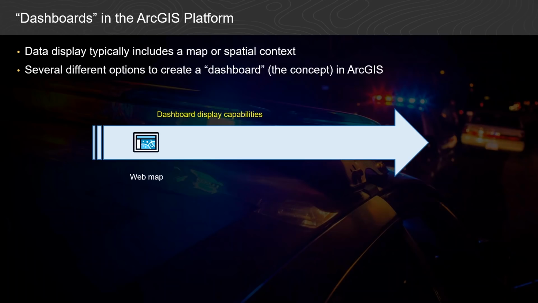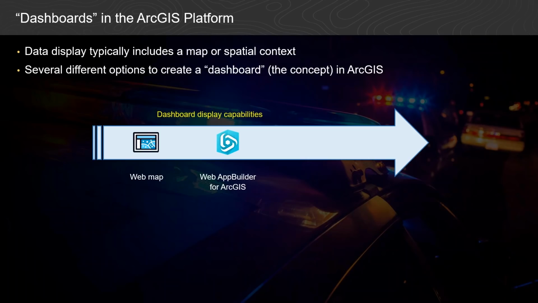So in that context, when you think about how building maps and dashboards at the simplest level, a web map is a way to display data in a spatial context. Web App Builder for ArcGIS has a dashboard theme if you've used this before, and that may cause confusion relative to Operations Dashboard.